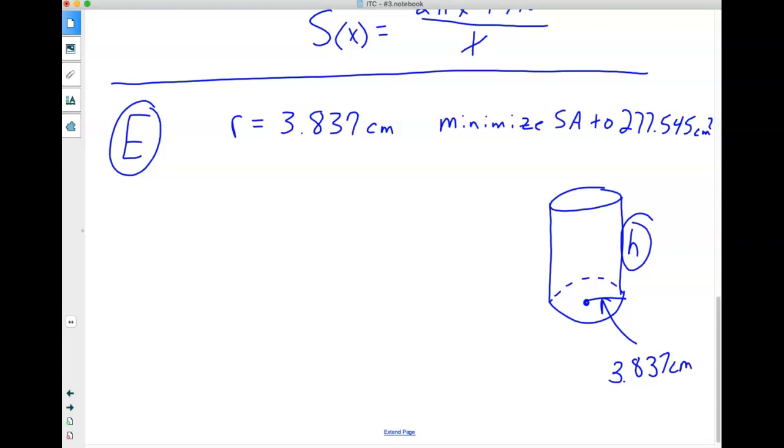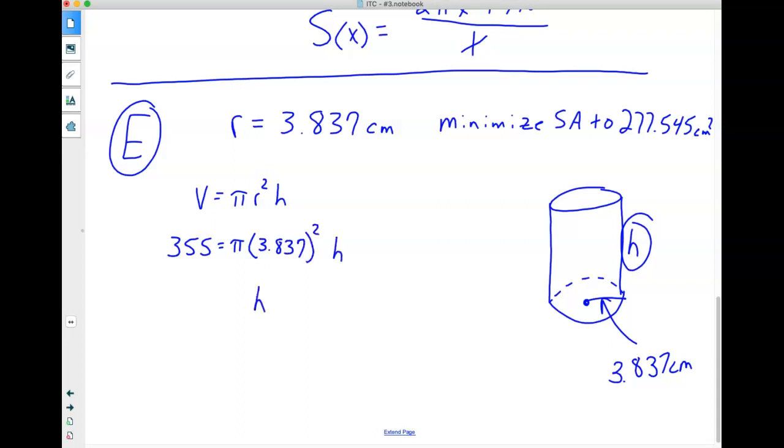Oh, we need to fall back to volume equals pi r squared h again. Because we know the volume's 355. We know pi. We know the radius is 3.837. Got to square that to get h.